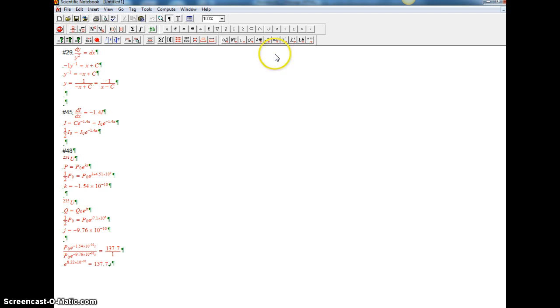I did ln's on both sides, and I divided, and I got t to be about 6 billion. I got like 5.9 something. Let's call it 6 billion years. Like I said, that was the hardest one of the whole group.